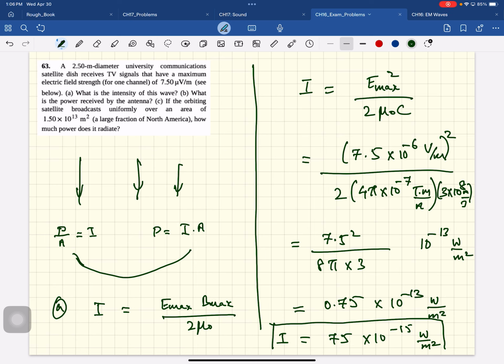The larger the dish you have, you can concentrate all that energy on a small antenna there, and increase the power to the antenna. That's where all the electronics are, at the focal point. So the larger your collection area, the more power you can deliver to your electronics.